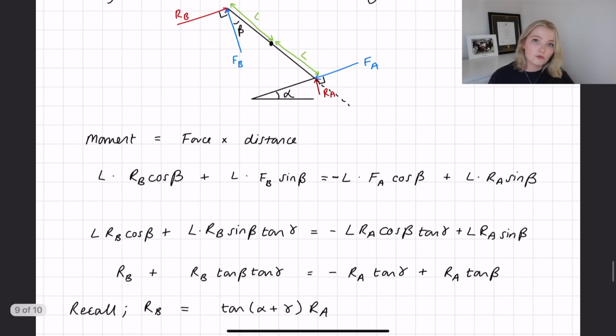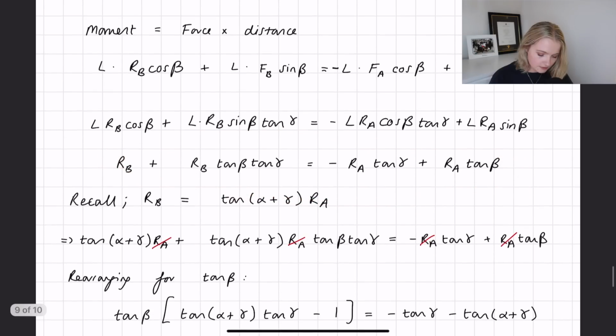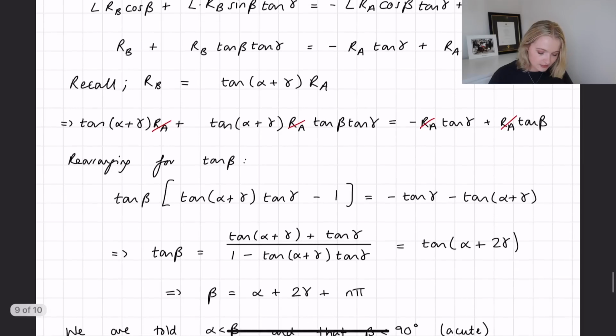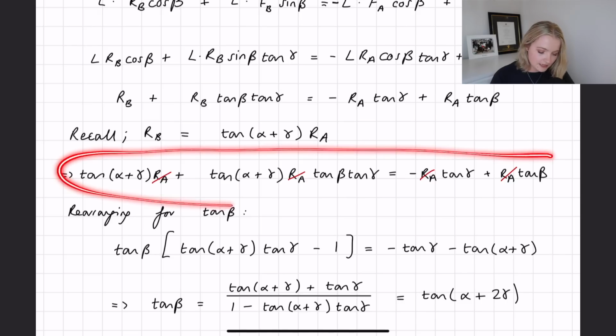Now we know from the previous part of the question we have a relation for RB to RA already, so we can substitute that into here, and when we do that we can rearrange, we can do some nice little mathematics here, which feel free to pause and take a look at, and we find when we do that we can essentially eliminate RB and RA from that equation, so from this here.